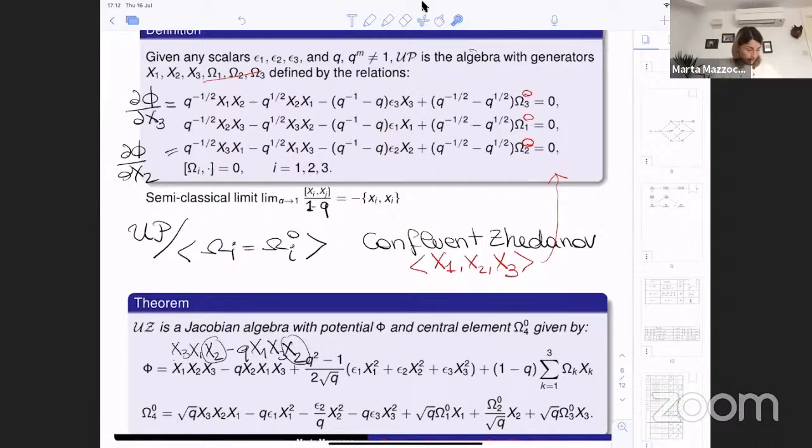Now I realize that I've been a little longer than I wanted, so I'm not going to tell you anything about DAHA. But I would like to at least tell you something about the Sklyanin algebra and how to see the algebra that I've explained so far and the Sklyanin algebra in the same way.